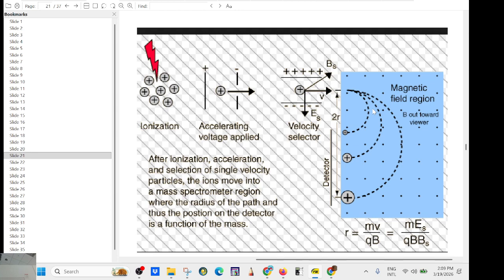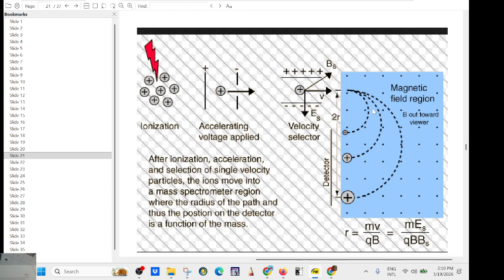So the radius of that circle depends on the momentum. Larger momentum, larger circle. It also depends on the magnetic field. If you increase the magnetic field, you increase the force, so you make the turn sharper. If you increase the charge, you also increase the force, so it's going to be sharper.